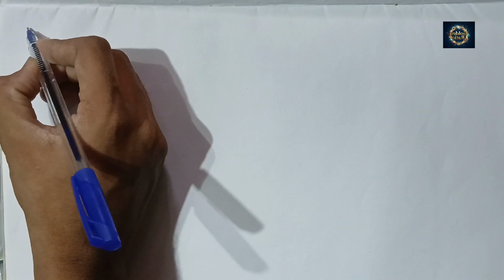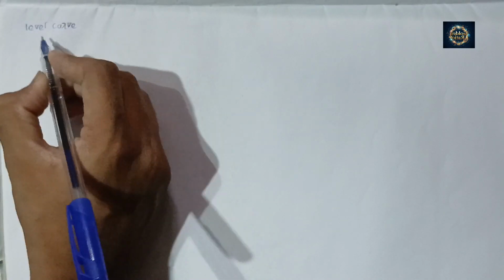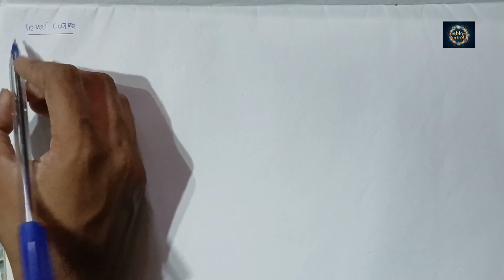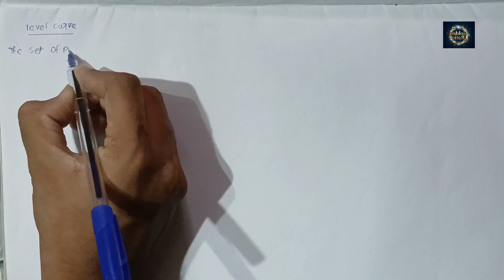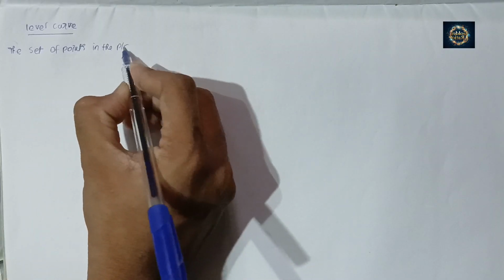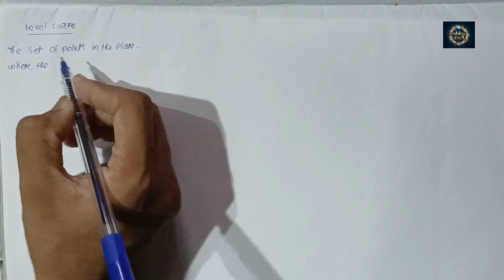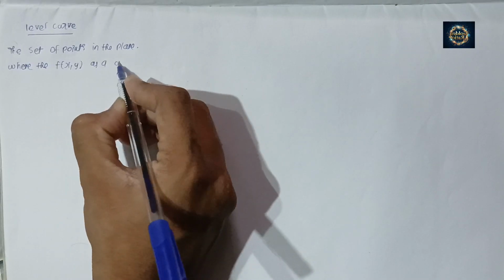The level curve. What is the level curve? So first I am going to write the definition. Level curve: the set of points in the plane where the function f of x, y, the function of two variables, has a constant value.